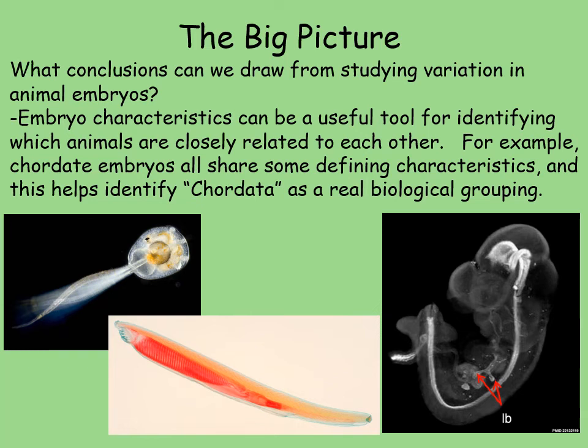So for example, if you look at chordate embryos, they all share these defining chordate specific characteristics, and that helps us identify chordata as a real biological grouping. We can say that sea squirts and lancelets and fish and humans all belong to this group because the early embryos would all share these features.